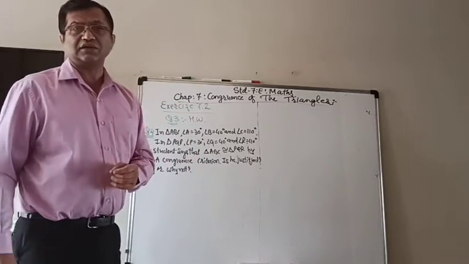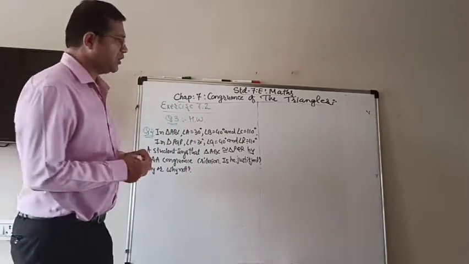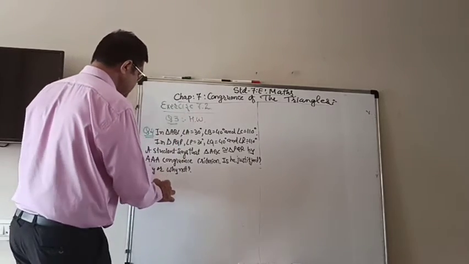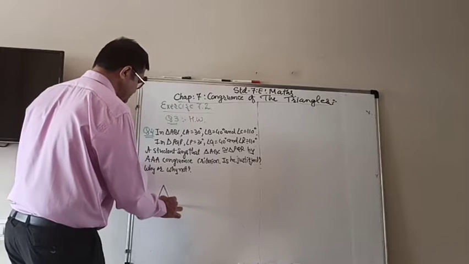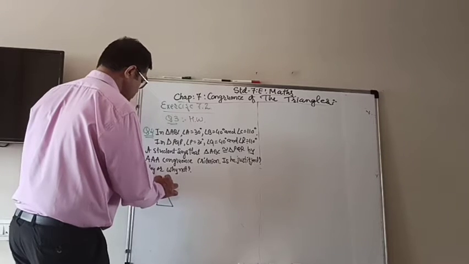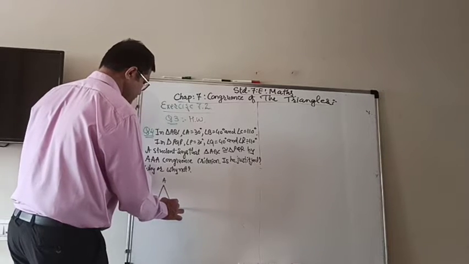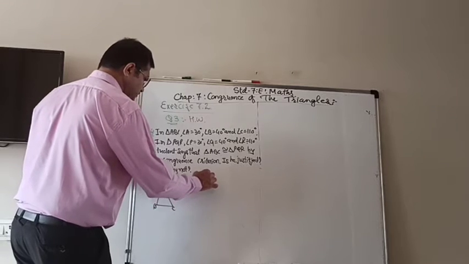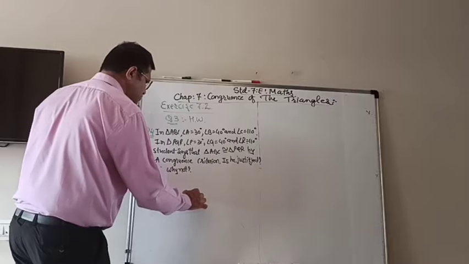Let us understand with an example of two figures. Suppose this is triangle ABC. And for triangle PQR I can show you by two methods.